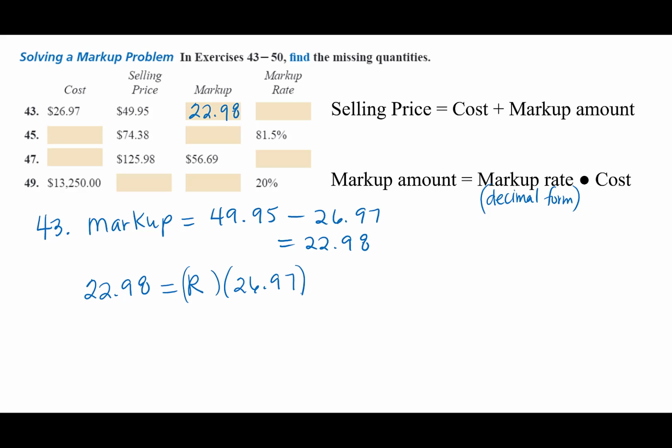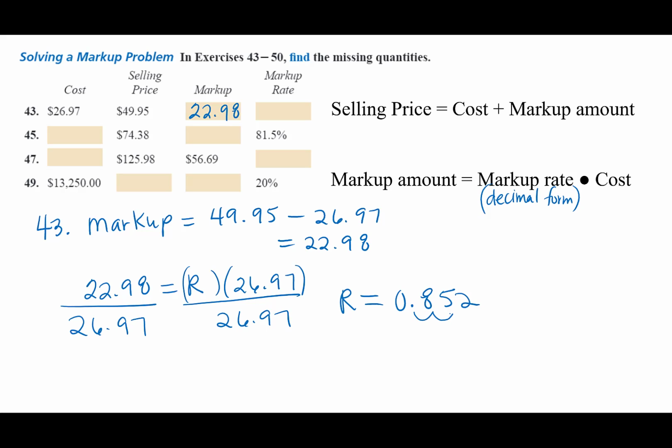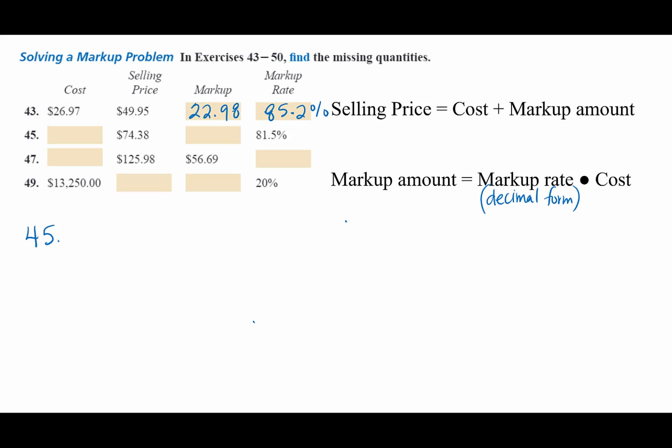Now to break apart the multiplication between R and 26.97, we'll divide both sides by 26.97 to get R equals the decimal 0.852. Remember, the markup rate is in decimal form. I want you to submit it as a percent. And so you move two decimal places to the right to get the percent, 85.2%.